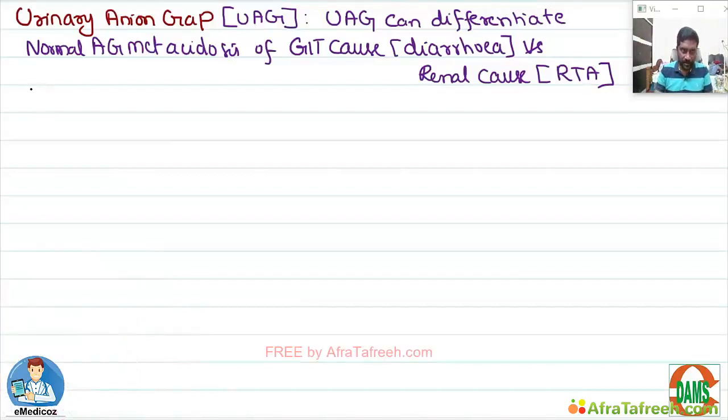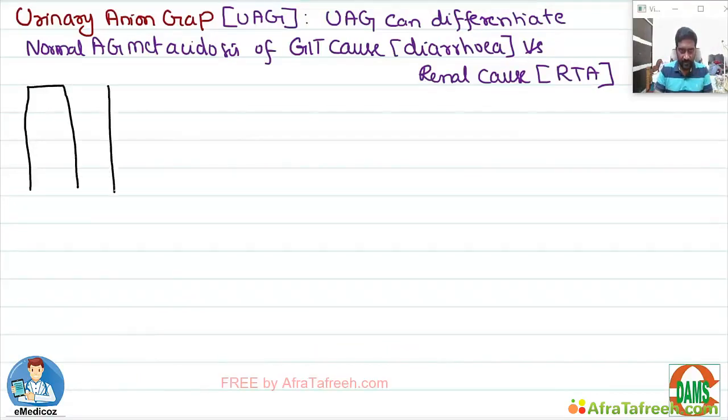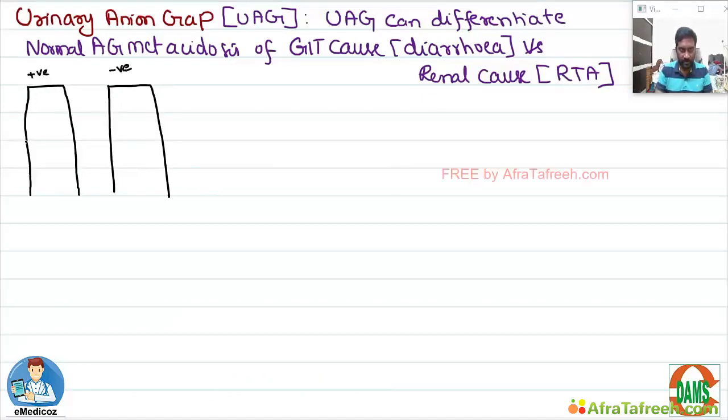So it is not routinely used in our clinical practice as of now in the emergency situation, but still questions were asked previously. Again, in the urine there can be two compartments, a positive compartment and a negative compartment. The positive compartment is predominantly made up of sodium and potassium, whereas the negative compartment is made up of chloride.